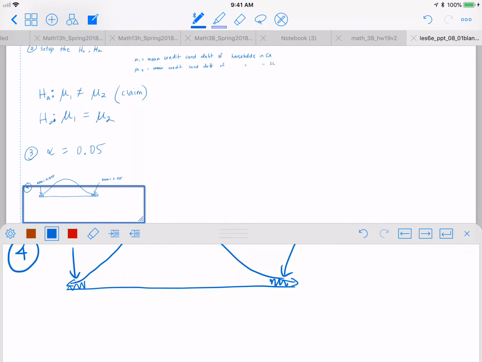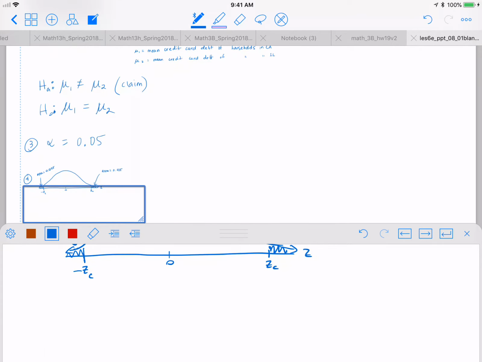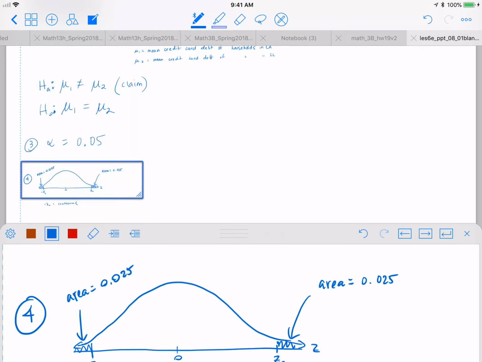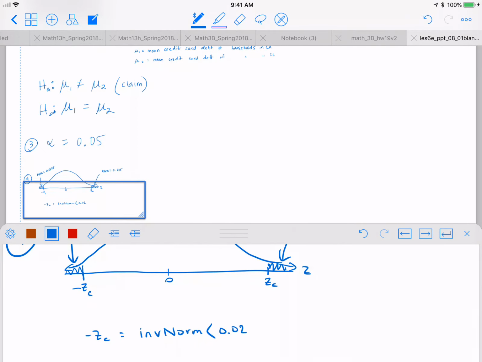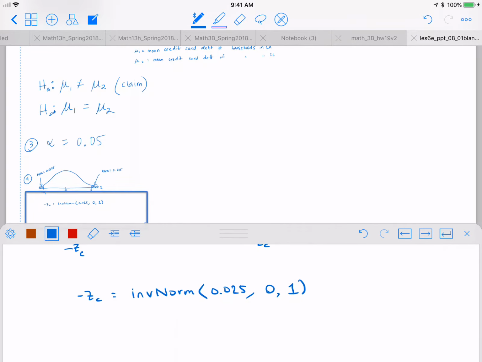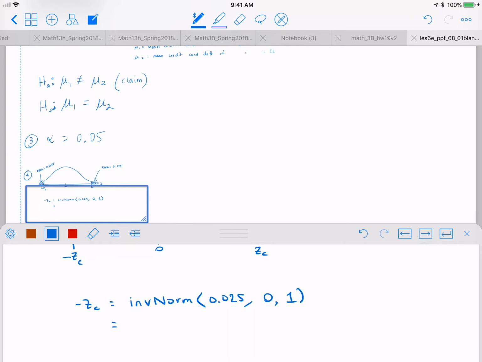Since this is a z distribution, this is going to be negative zc and this is going to be positive zc. So negative zc is going to be equal to inverse norm of my cumulative area 0.025, my mean is 0 and my standard deviation is 1.